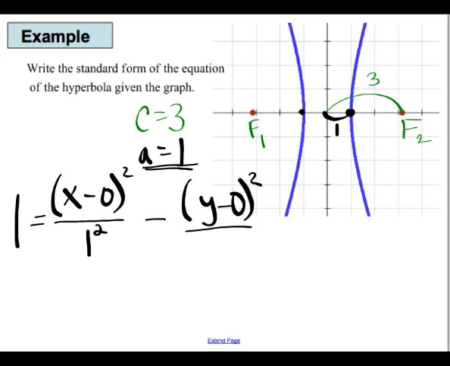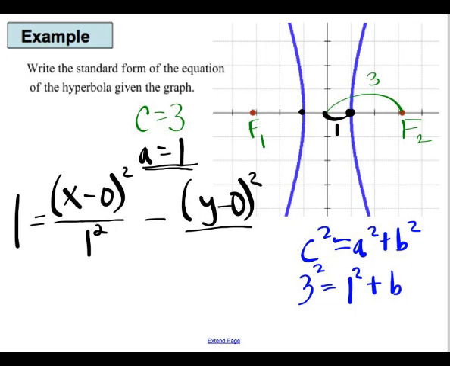My last step here is to find b, so very similar to ellipses, that's probably going to be your hardest point. We got to find b, and the way we're going to find that is by using our relationship c squared equals a squared plus b squared. We know c is 3, so 3 squared equals 1 squared plus b squared, because we knew a was 1.